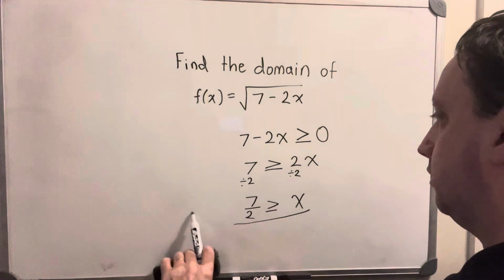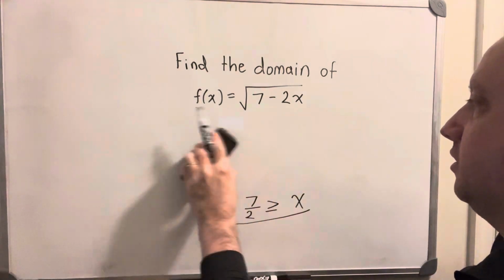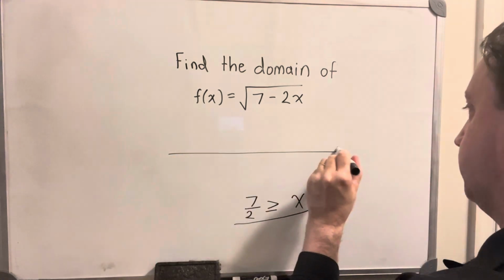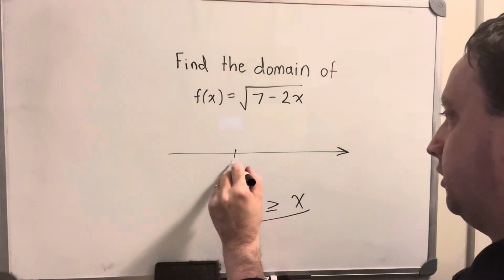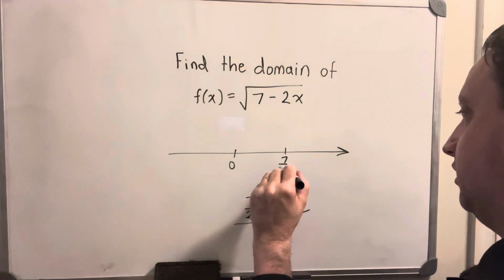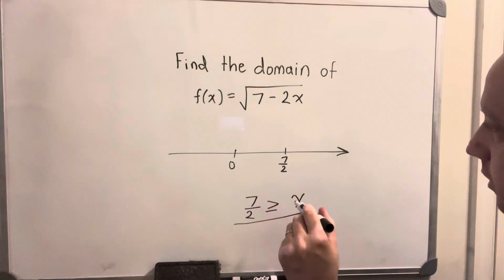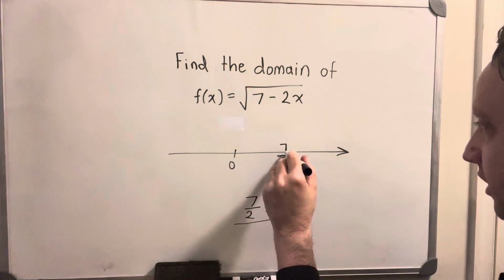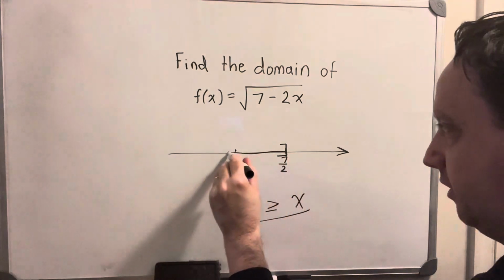So on a real number line, we've got 0, and somewhere along the way we've got 7 halves. And this square bracket means it can be at 7 halves.